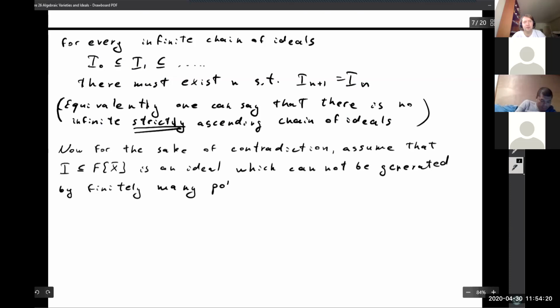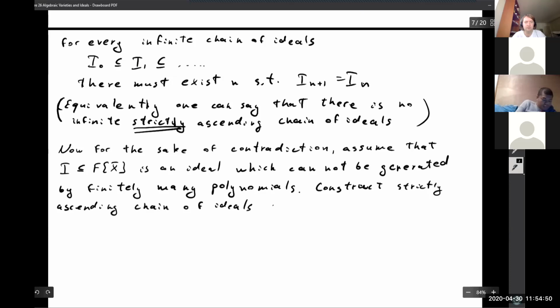We'll construct a strictly ascending chain of ideals as follows. So let's start just with one polynomial f1 in I, right?